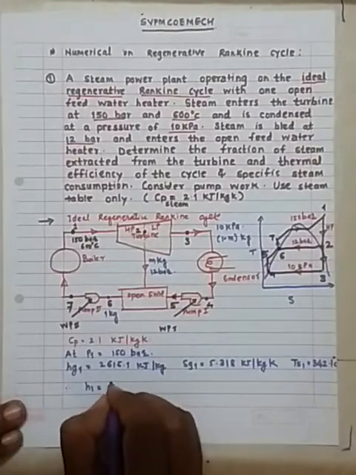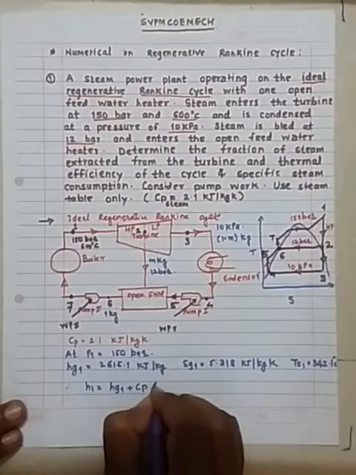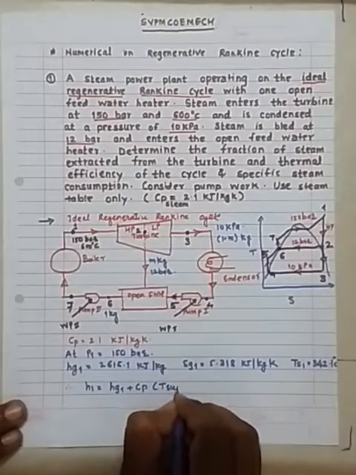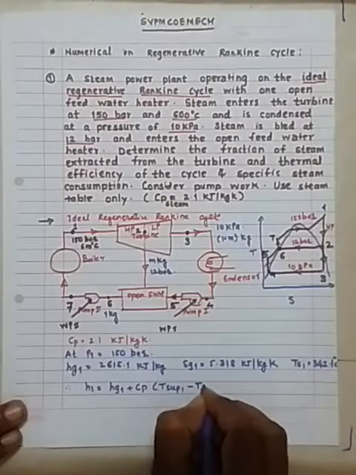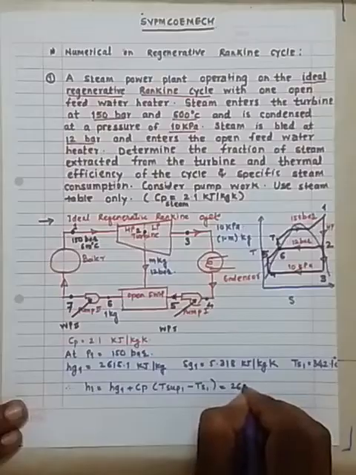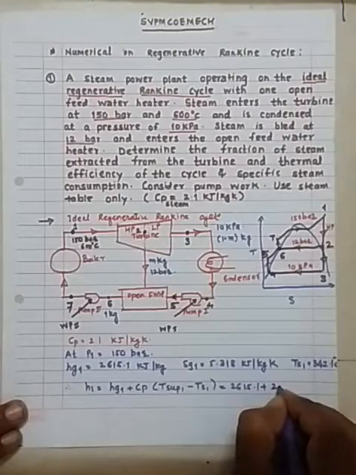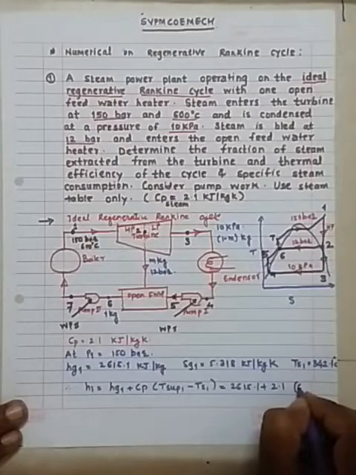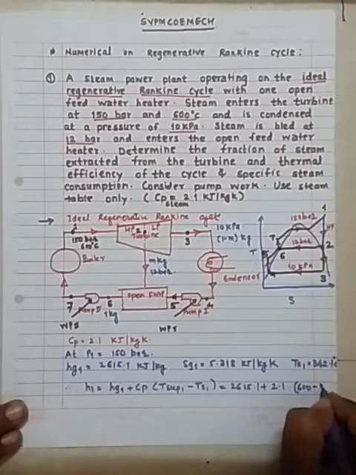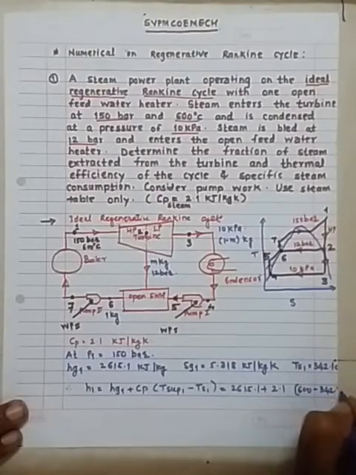So H1 is equal to Hg1 plus Cp times (T sup minus Ts1), that is equal to 2615.1 plus 2.1, which is given, into (600 minus 342.1).